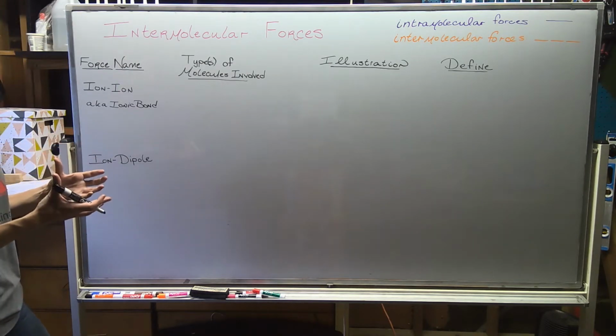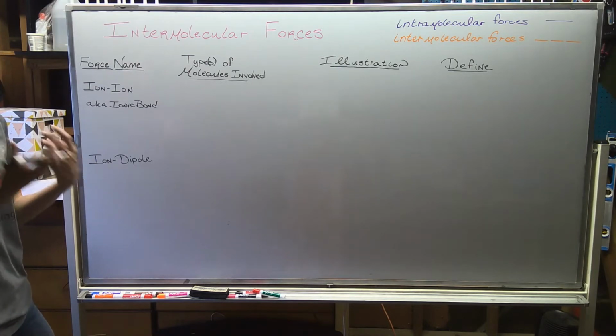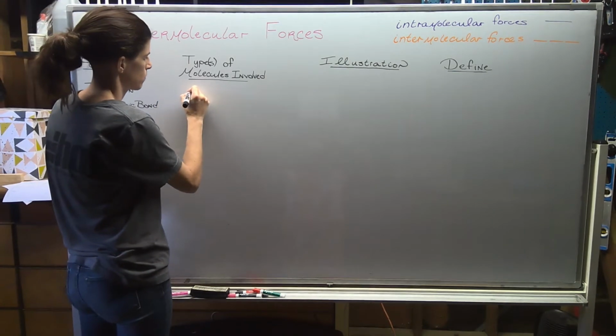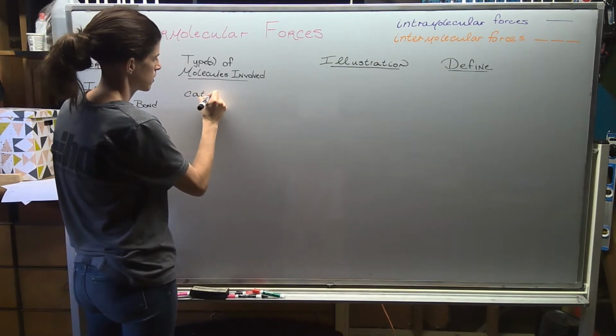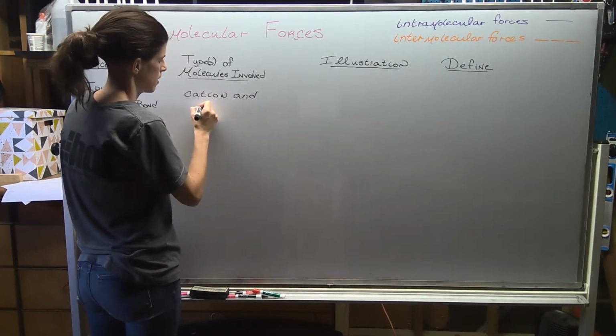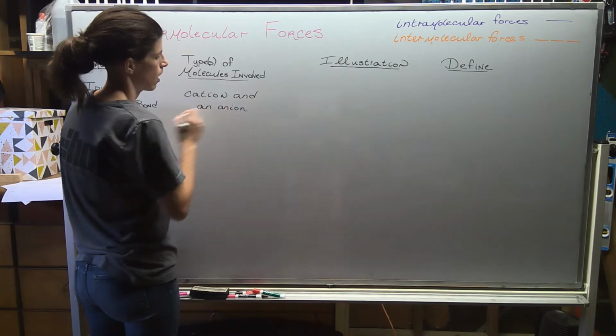Basically, what we need to have is a cation and an anion, two oppositely charged ions, to see ion-ion forces.